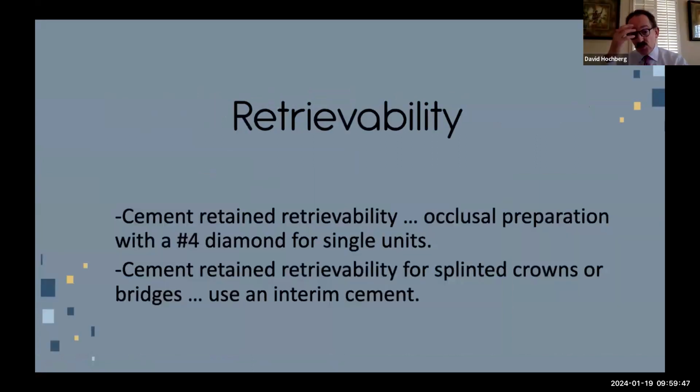So let's talk about retrievability. Everybody talks about retrievability. Yes, a screw retained restoration, you remove the composite, and you access the screw. Cement retained are still retrievable. Cement retained retrievability, it's called get a number 4 or number 6 diamond out and prepare your surface like you're preparing it for an access for a root canal.